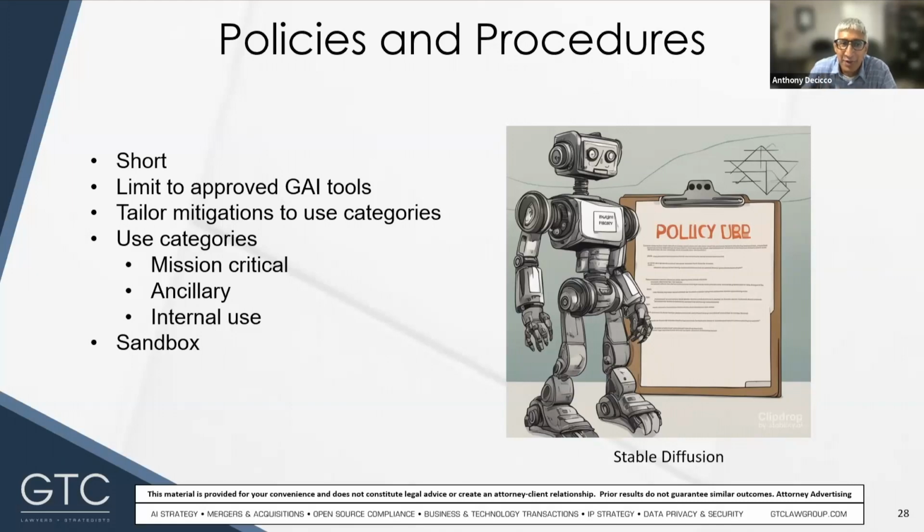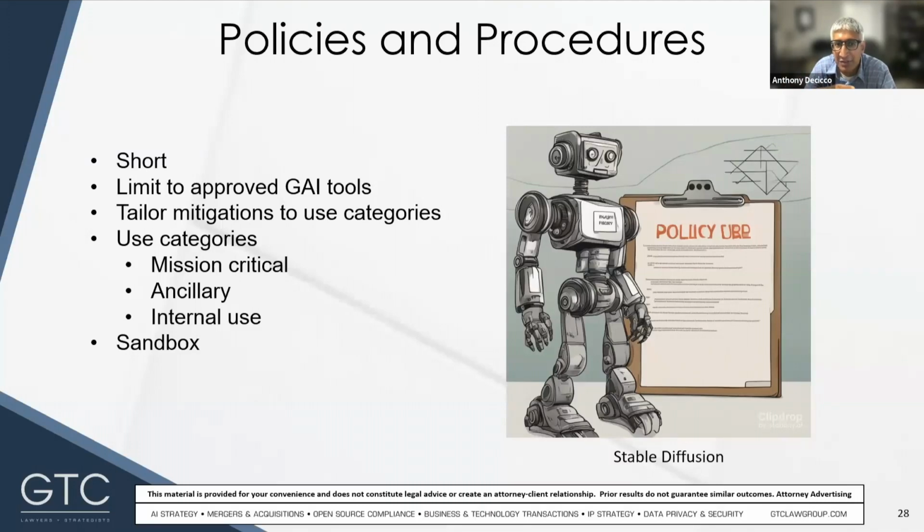In our experience, and we've done many of these this year, it's been a pretty hot topic. A policy for using the GAI tools for code gen and augmentation should be short. It's really no more than a few pages. Otherwise, just like an open source policy, it won't be followed.